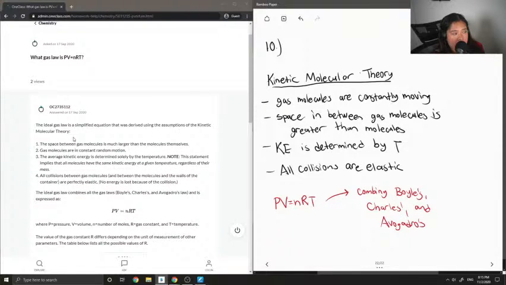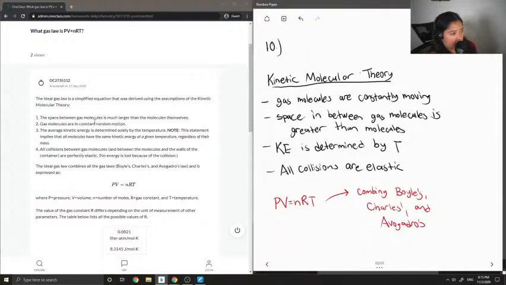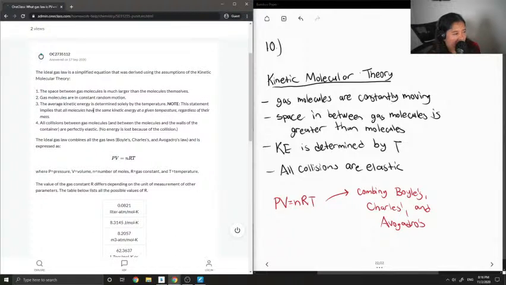Ideal gas law is a simplified equation that was derived using the assumptions of the kinetic molecular theory. 1. The space between gas molecules is much larger than the molecules themselves. 2. Gas molecules are in constant random motion. 3. The average kinetic energy is determined solely by the temperature. Note this statement implies that all molecules have the same kinetic energy at a given temperature, regardless of their mass. 4.